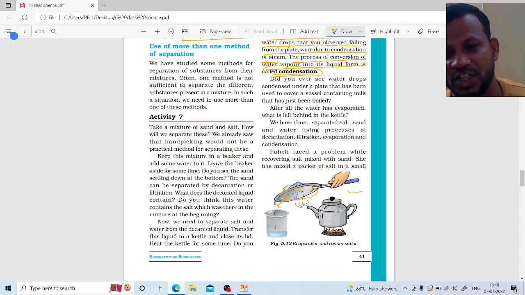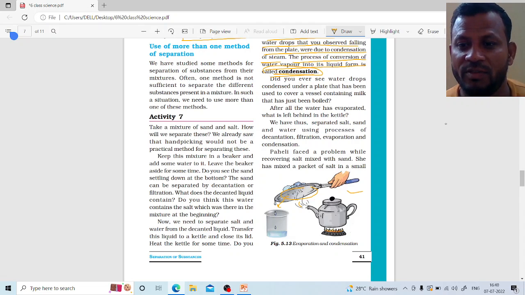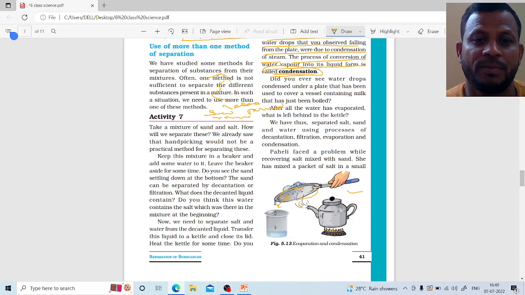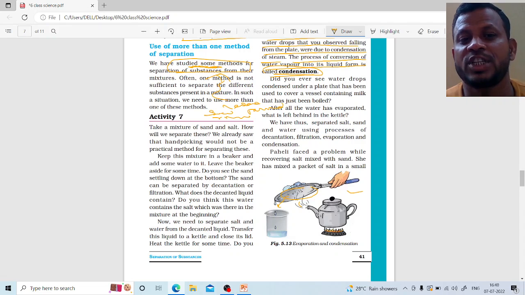When water is evaporated from the seas, rivers, ponds, lakes, it reaches the upper region of the atmosphere where there is a cold climate. When the vapor reaches the colder region, it is converted into water droplets and falls down in the form of rain.